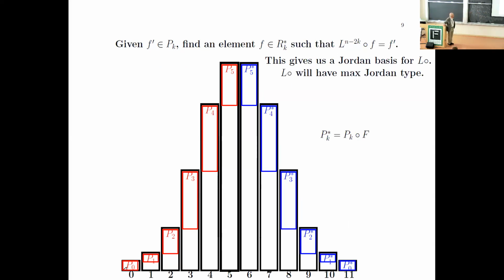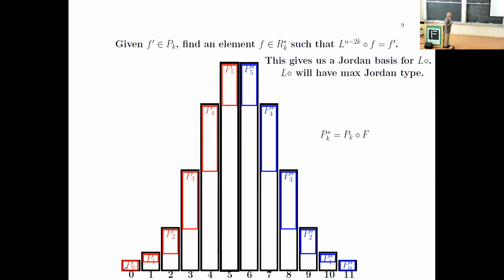And my problem is, if f prime is given in a red box, I want to find f in a blue box such that this equality holds. That's my problem. So first line, please read the first line.